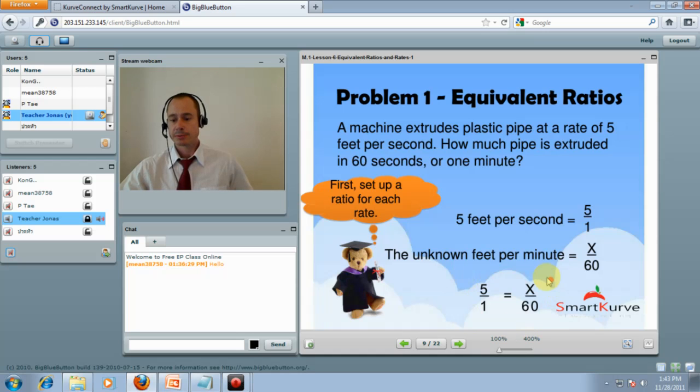Then you set up this equation: the first ratio, 5 divided by 1, equal to the other ratio, x divided by 60. Then you have an equation with one variable, which you can calculate.